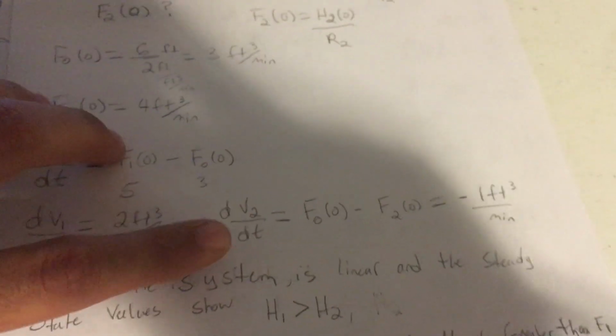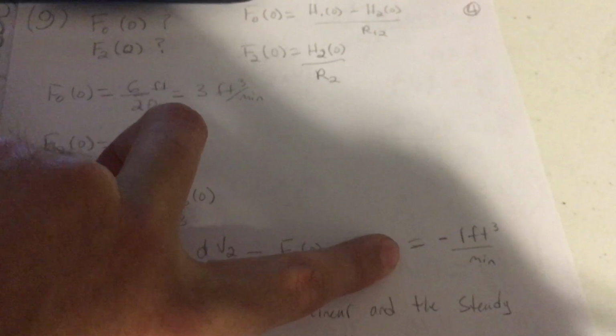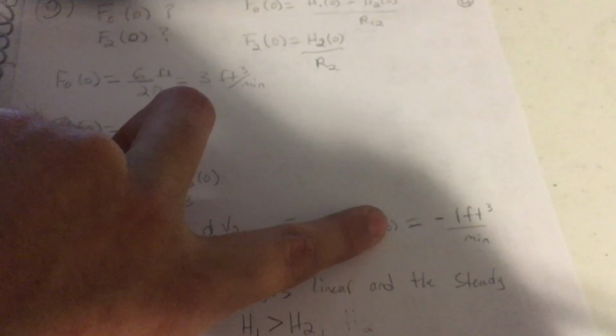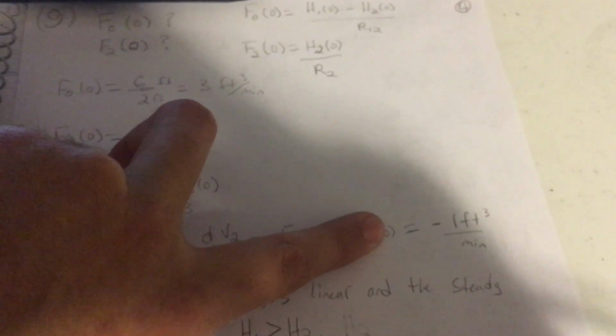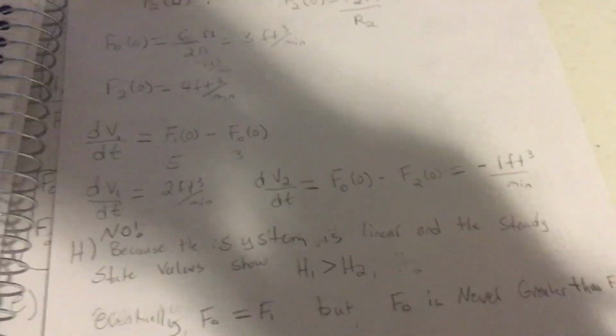Do the same thing for the change in volume of tank 2, and you'll get a negative value. So really think about it. I'm not going to give you this one, but really think about what a negative value would represent in this system. What you're assuming is positive and what you're assuming is negative, because that tells you exactly what's happening in the system. The fact that that's negative gives you directional information.